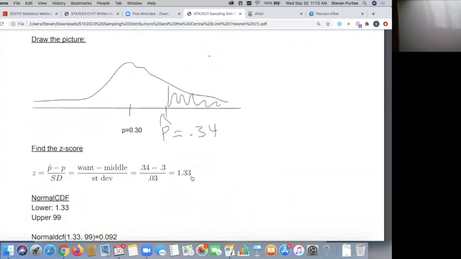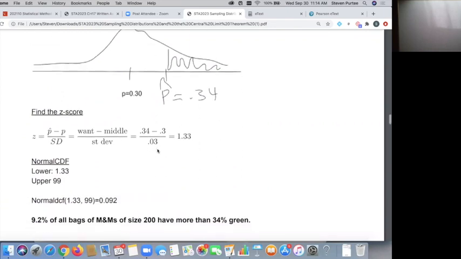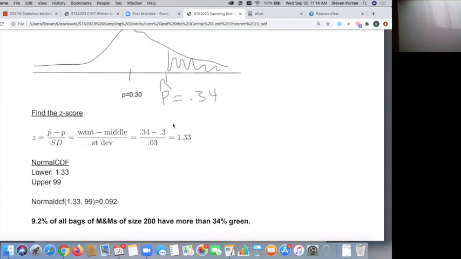So we do that and we get 1.33. So that bag of M&Ms is 1.33 standard deviations above the mean of 30% green. And then normal CDF, lowest thing we shaded, this z-score up to highest, we shaded to infinity, we get 9.2%.